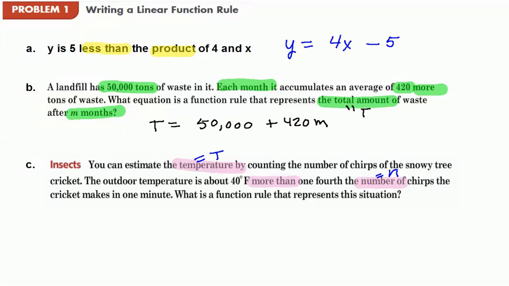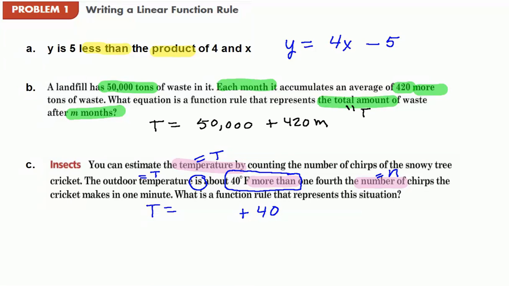All right, now we're going to make an equation. The outdoor temperature, in this case our T, is, that means it's equal, about 40 more than. Again, when you see 40 more than, that goes on the back.